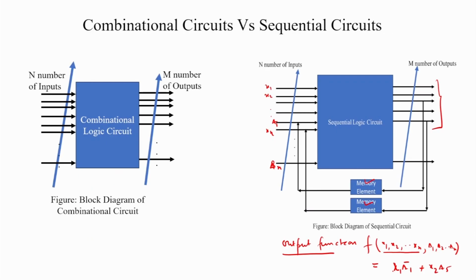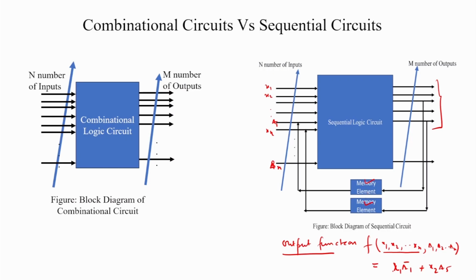This is the previous stored value in a memory element, and when this previous value is used as an input along with the present input combination, we determine what output will be generated as well as what the updated values of the memory elements are.